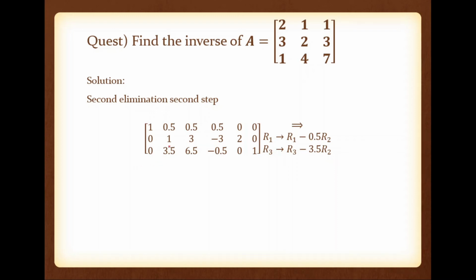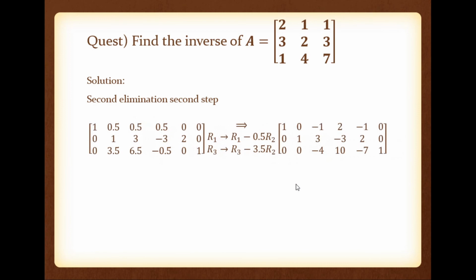Similarly, in order to remove this 3.5, we need R3 minus 3.5 into pivot equation R2. So R3 is equal to R3 minus 3.5 into R2. So the new modified augmented matrix is this one.